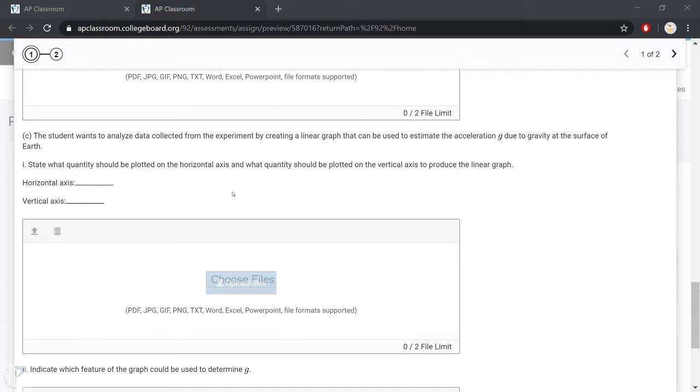Well, let's see. Let's make g the y value. Or sorry, no, that's not what we want. If I look at this, it says a_c is equal to g times tangent theta.